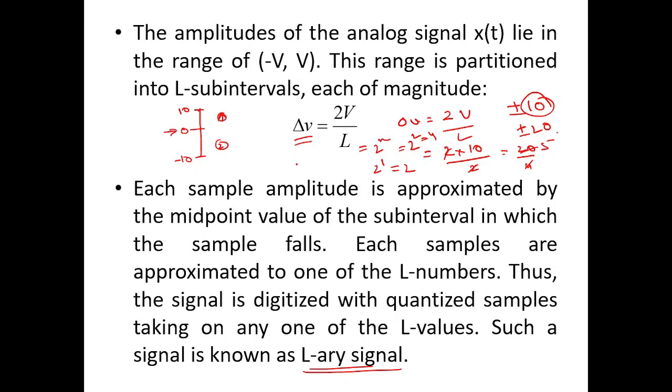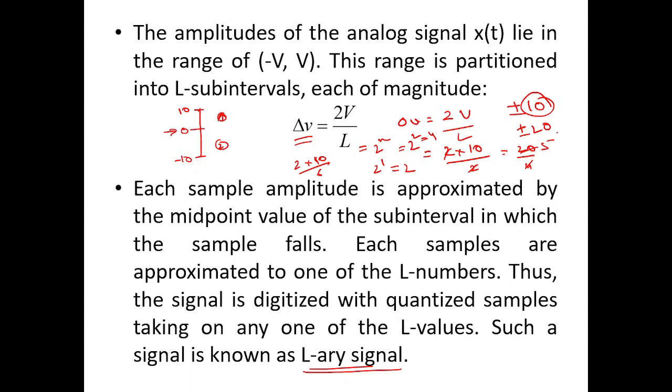So 2 to the power 3, 8. So 20 by 8, if that happens, something like 3.33. So it is not an exact value. Again, you may have some problem. So 2 to the power 4. In that way, you have to increase the values.